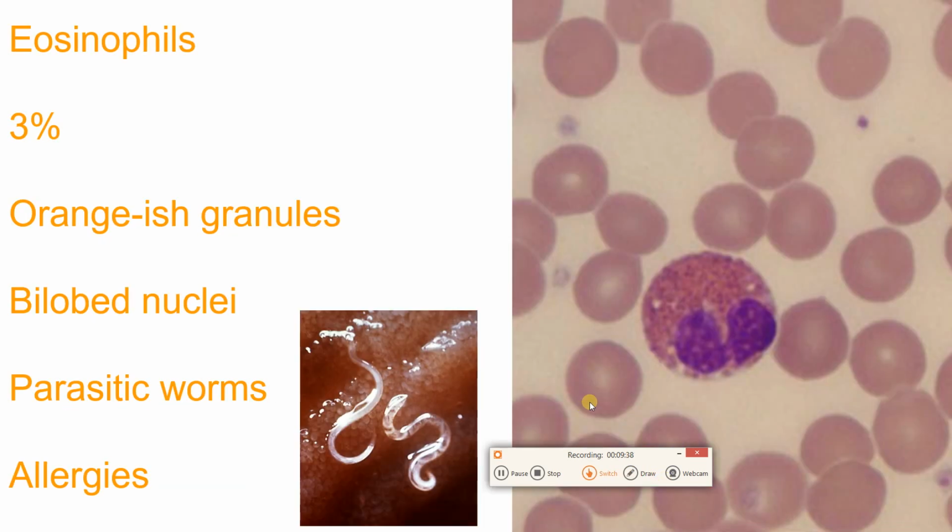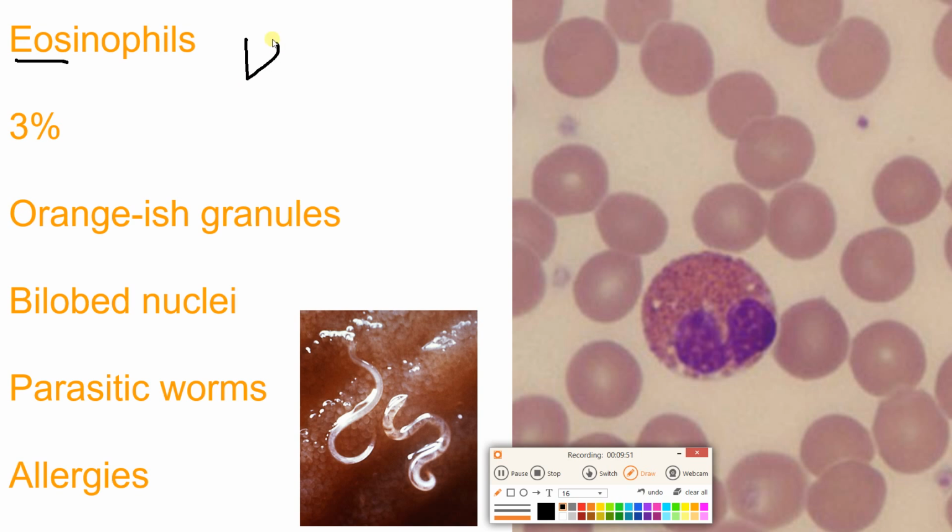All right. The next class of granulocyte we have are the eosinophils. And the eos in this literally refers to a time of day. It refers to dawn. So there will often be an orangish coloration to the granules.